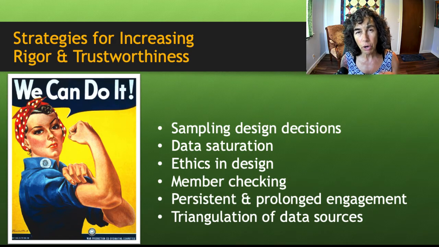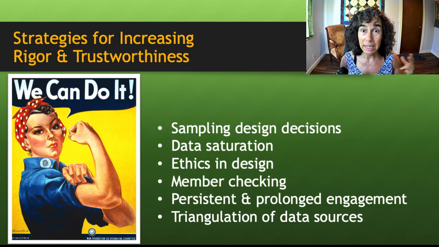You go until you've gotten enough data that you start seeing the same patterns over and over, and you're not getting anything new. Also, ethics and design, so being ethical. Member checking, going back to the people and saying, this is what I heard you say. Is this what you meant, right? And persistent and prolonged engagement. The longer we spend with our research participants, the more trustworthy the data is going to be.